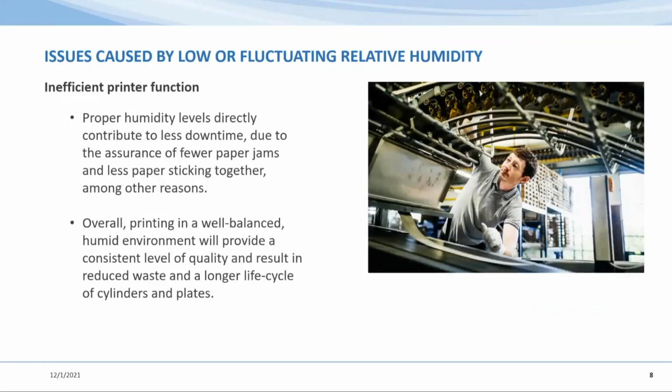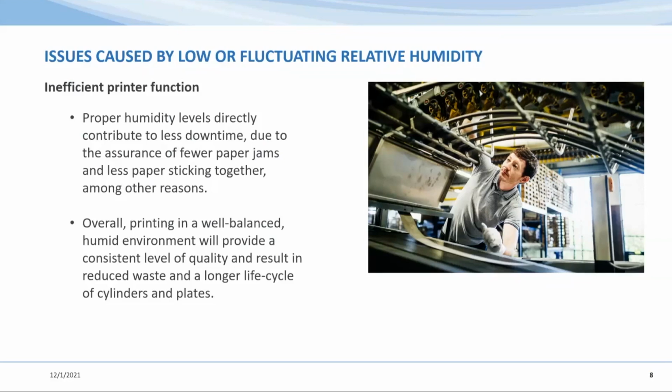Some other inefficiencies come from low or fluctuating humidity, such as inefficient printer function. Humidity has a direct relationship to downtime. Paper jams are a big thing that we talked about already, but also paper sticking together, as well as if this process has any adhesive properties that may activate based on certain humidity conditions.